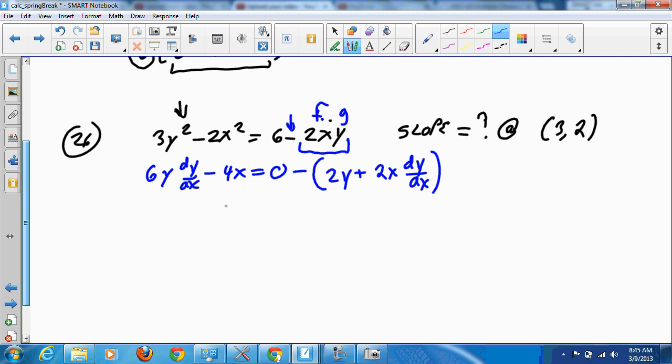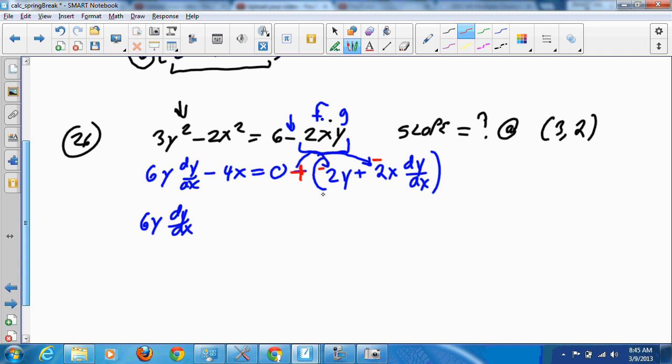Now all we have to do is collect all the dy dx's on one side of the equation, move everything else to the right, and then solve for dy dx. So I'll move things around over here. Now we've got to be careful with that. We're distributing a negative sign to both sides. So this actually turns out to be what? That's a negative, and that's a negative.